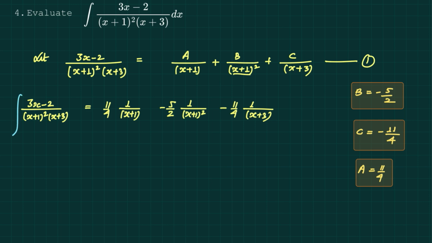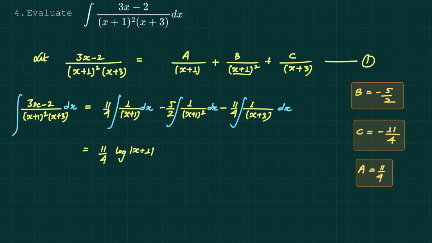And since we have to integrate this function, so to integrate this means to integrate these three terms. So here it will be the first term 11 by 4 log of x plus 1, and the derivative of x plus 1 is 1, so we will not write that 1 in the denominator.